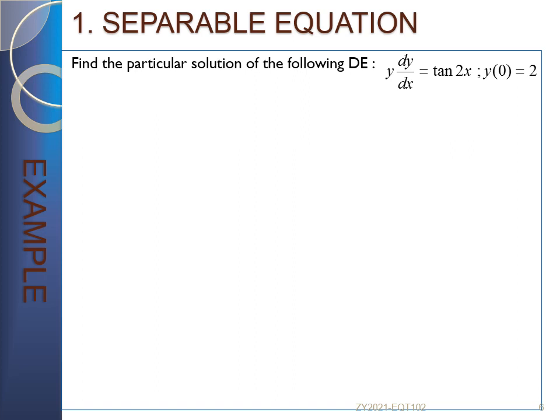Okay, the last example. Still a separable equation, but now it is a particular solution. So you find the general solution first, where we need to separate them. So y dy equals tan 2x dx. So you will have to integrate them.